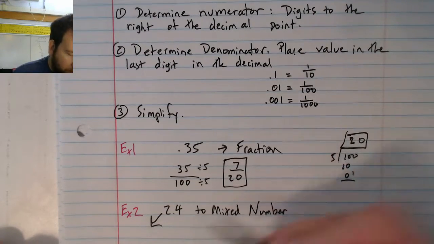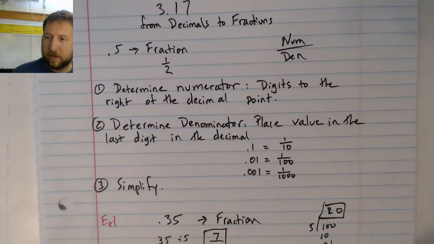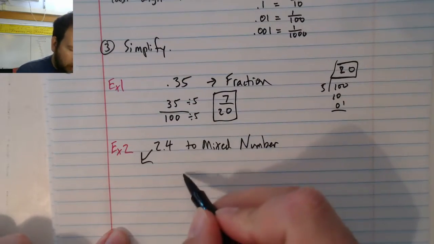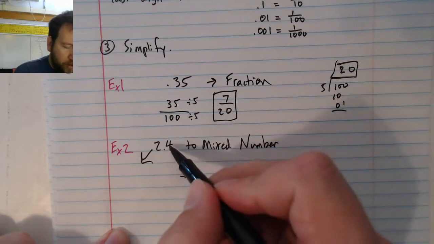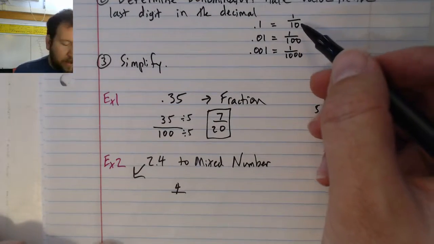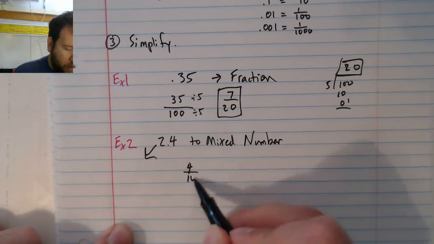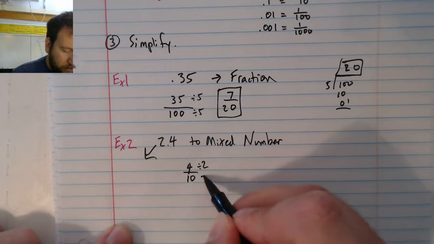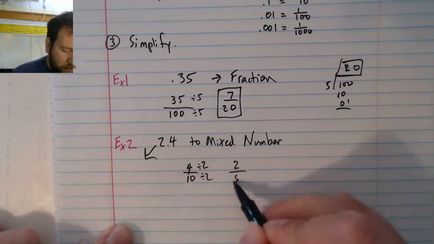Let's look at our steps. Determine the numerator, digits to the right of the decimal point: a 4. I just have one digit, so I'm going to use my tenths. So I have 4 over 10. I need to simplify that. I can divide by 2, so I have 2/5.